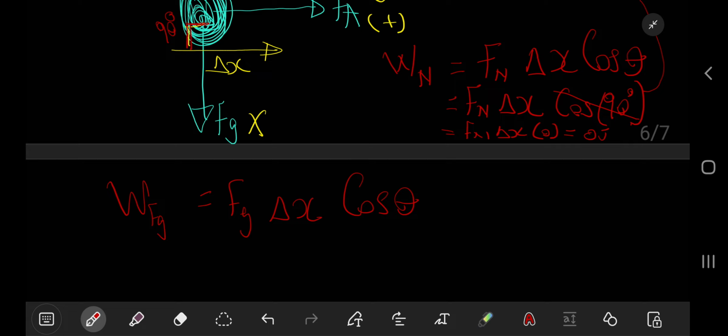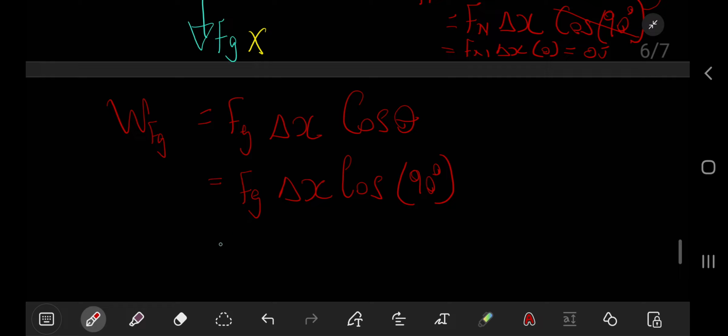The angle between the direction of displacement and the gravitational force is 90 degrees, they are perpendicular to each other.